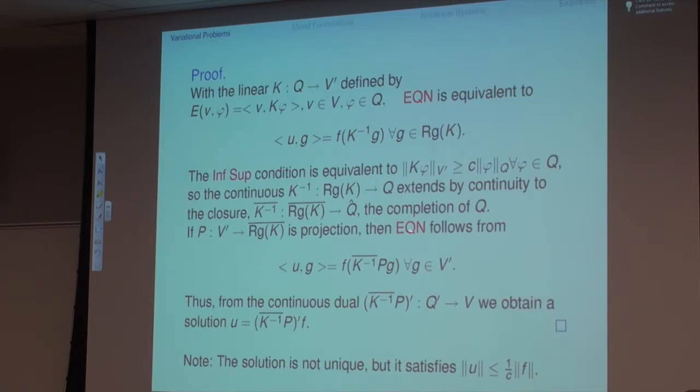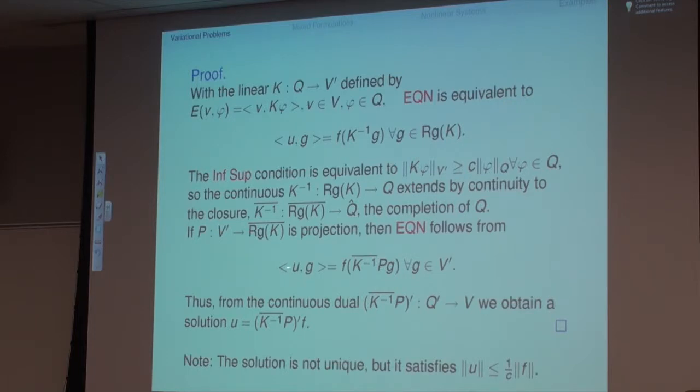If that's a projection, then my equation follows from this identity over here, because P is the identity on the closure of the range of K. So my original problem looks like this. But aha, that makes it easy, because this operator right here is continuous and linear, it has a dual, and this line says that U is equal to that dual of this operator acting on F, and I'm done. And that's my solution. Okay?